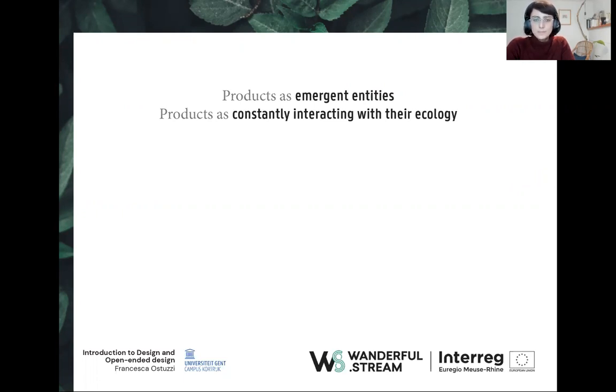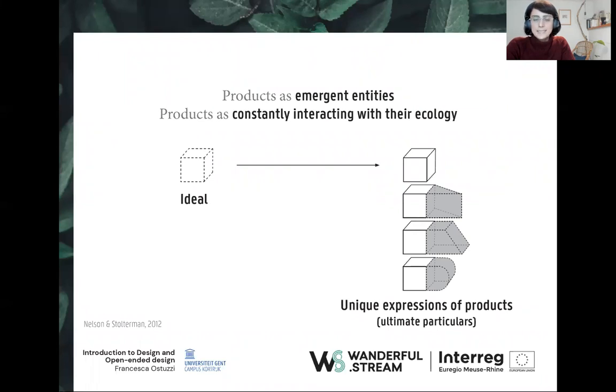Products, in fact, if they are good products, interact with their ecology, meaning that if I have a vase, for example, and I use it, this vase will change according to how I use it, where I use it, and so on. So from being ideal, as I thought it to be, my product becomes real, becomes a unique expression of itself.